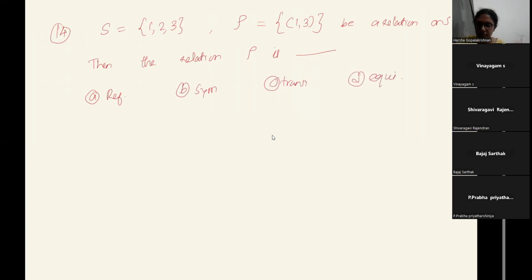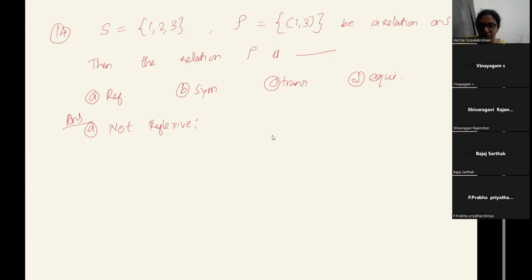First of all, is this a reflexive relation? No. This is not reflexive. What is the reason? 1 is not matched to 1 and 3 is not matched to 3.